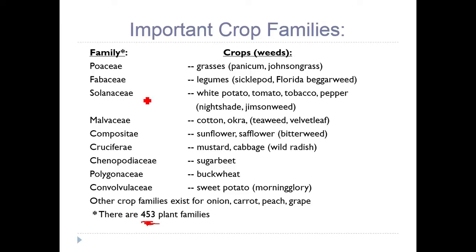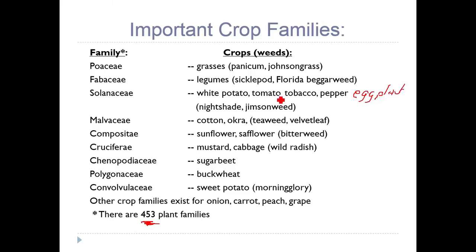Third in line would be the Solanaceous plants, or the family Solanaceae. The family Solanaceae is characterized by its wide variety of crop plants, such as the white potato, the tomato, tobacco, pepper, and you could also add eggplant, and there are others.